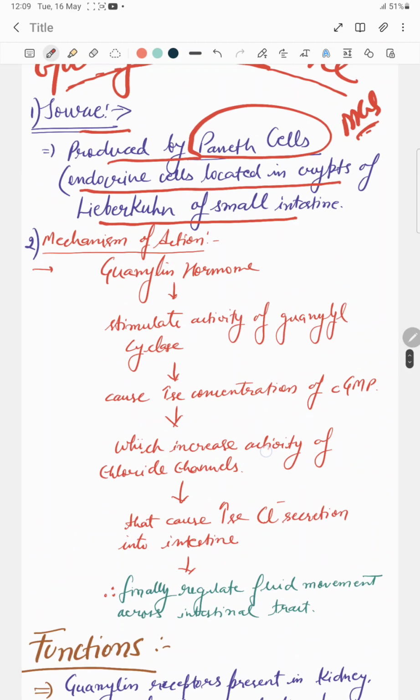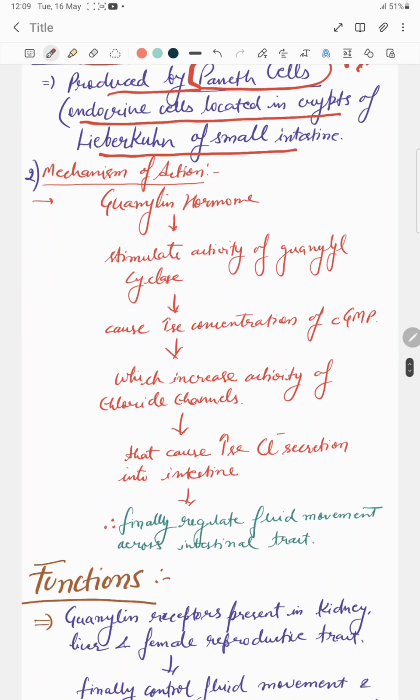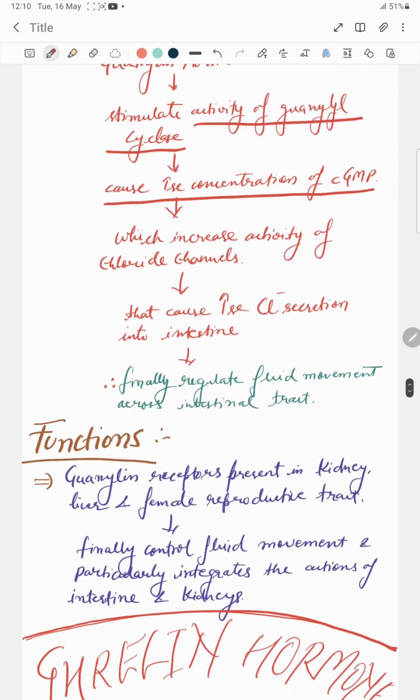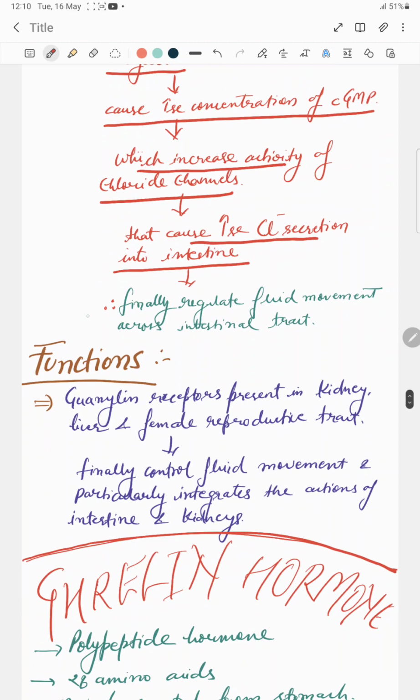Now the mechanism of action of guanylin. Guanylin stimulates the activity of guanylate cyclase, an enzyme, which causes increased cyclic GMP, which increases the activity of chloride channels, and this causes increased chloride secretion into the intestine. Finally it regulates the fluid movement across the intestinal tract.